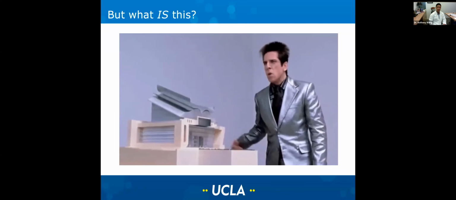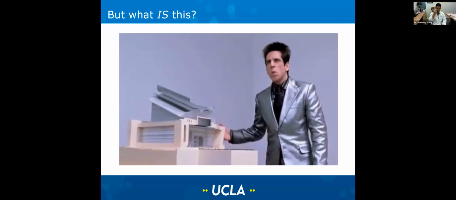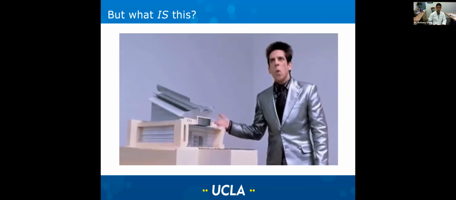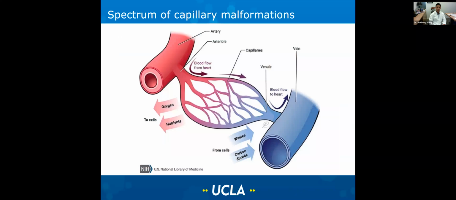So I want to spend a little time just addressing the work that has been done. Again, this is really impressive science that's been done on a disease that's quite hard to study, regarding the pathogenesis of these cavernous malformations. So just very briefly, there is a theory that cavernous malformations lie within a spectrum of capillary malformations that include developmental venous anomalies and capillary telangiectasias.